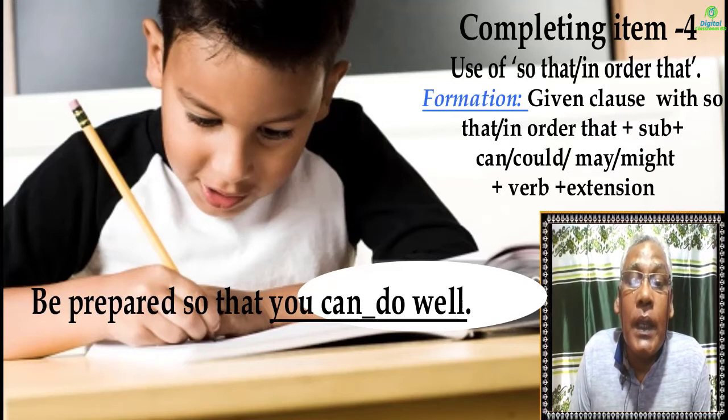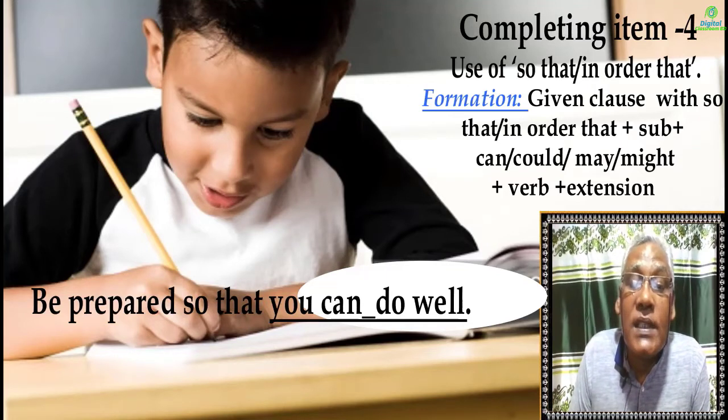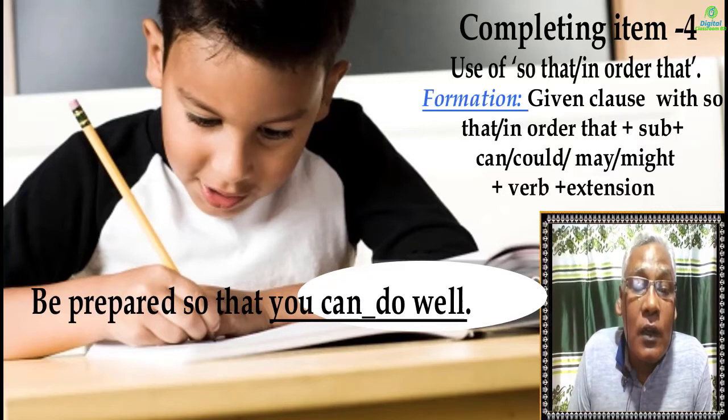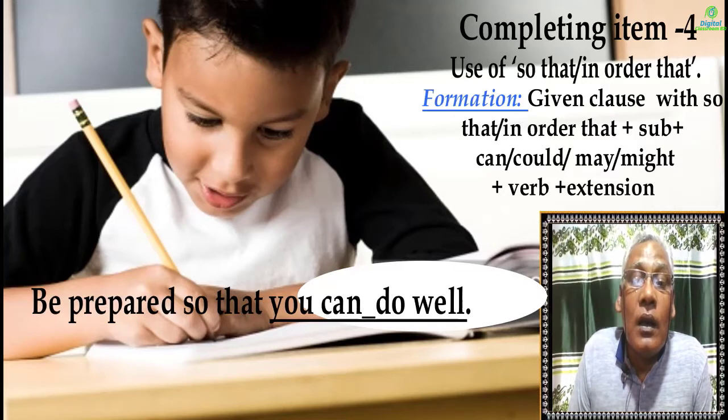Be prepared so that, and you can do well. Look at the clause. You can do well. You is the subject, and can is the modal or helping verb, and do is the verb, and well is the extension. So given clause with so that or in order that plus subject plus can or could or may or might plus verb plus extension.